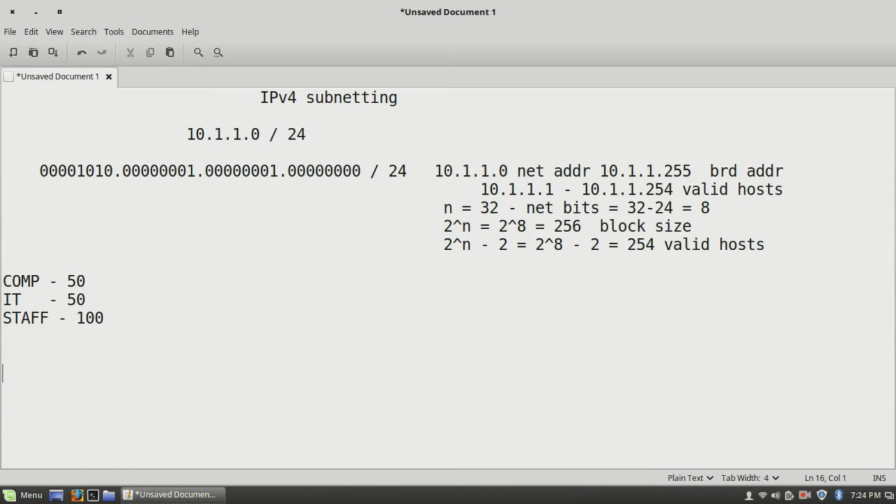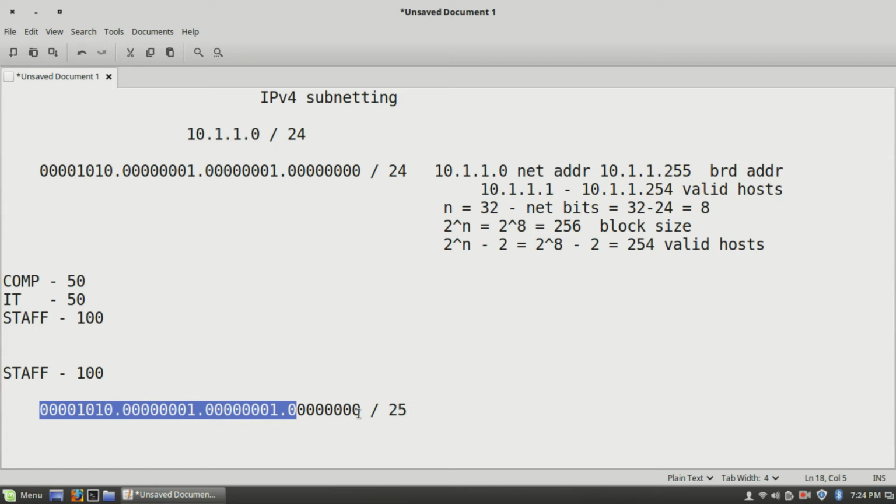I said we'll first start with staff's requirement because their network is the largest. So I just copy-pasted this down. If I assign this bit from host to network, the number of network bits becomes 25, and the first 25 bits will not change for this network, right?